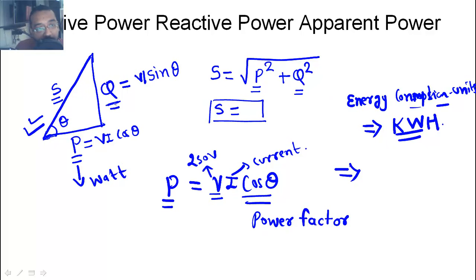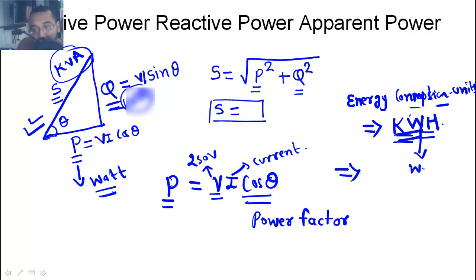What is the unit of Q and S? S unit is always in kVA. kVA is the unit. This is for this kilowatt hour. That means you are being charged for this kilowatt, or you can say this watt of consumption.